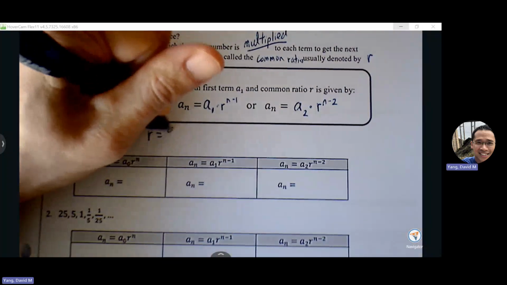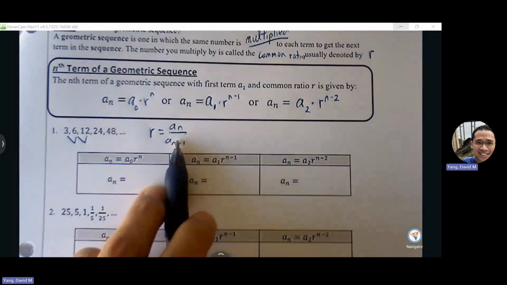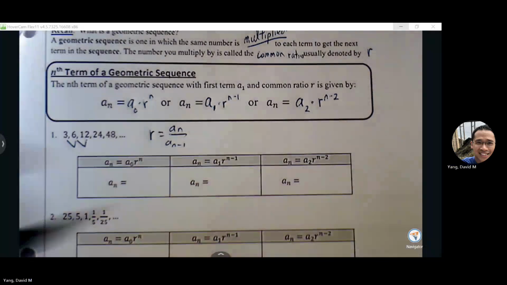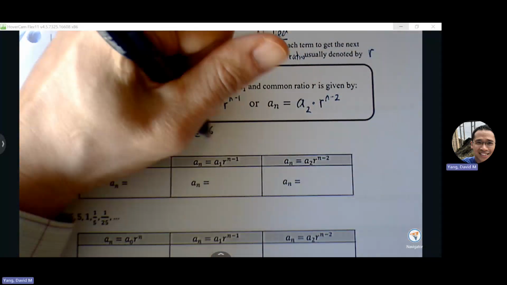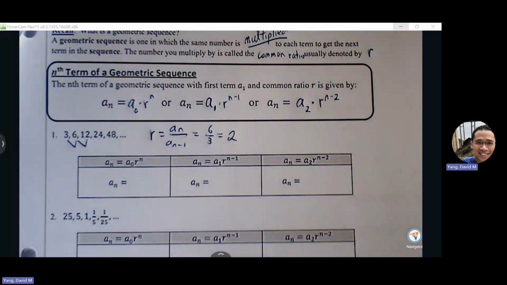If I do a sub n divided by a sub n minus 1, it doesn't matter which one it is. As long as I divide by the previous one, I should always get a consistent ratio. If I did 6 divided by 3, I get 2. If I did 12 divided by 6, I get 2.